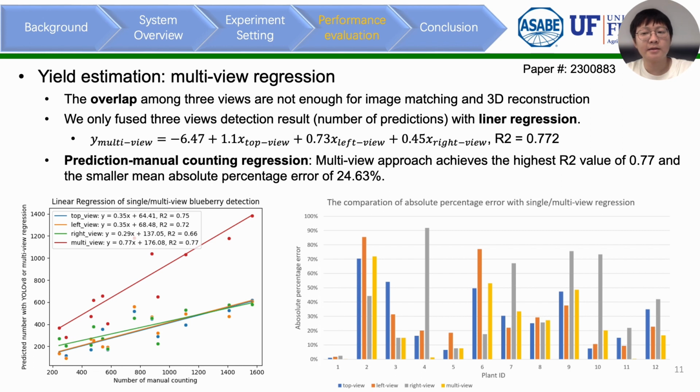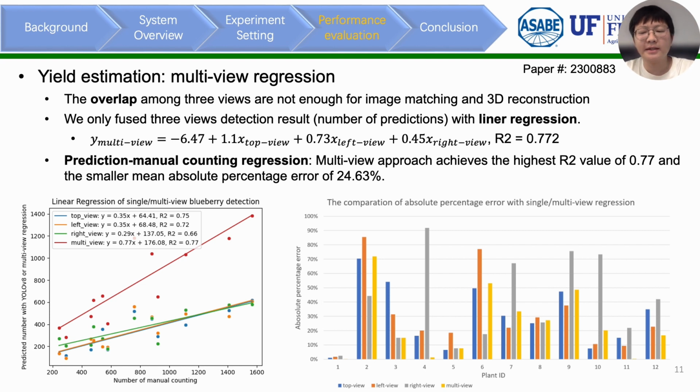Considering the limited visibility, how can we fuse the multi-view information? According to the experiment, the overlap among the 3 views is not enough for image matching and 3D reconstruction. So in this case, we only fuse the 3-view detection results, actually the number of predictions, with linear regression. Here, the result shows the R² is 0.772.